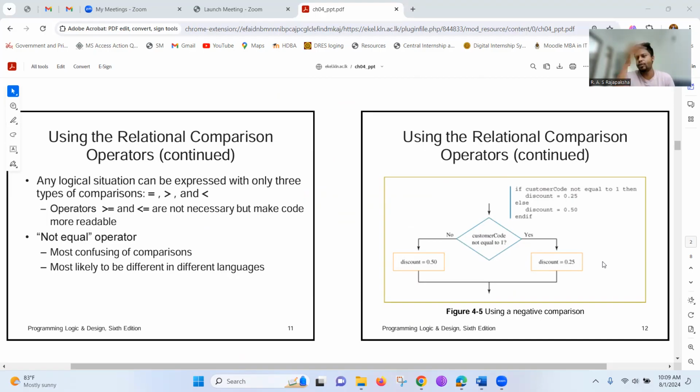But the advanced options are also there. The advanced option means what? Greater than is somewhat okay. But if you want more exact information, greater than or equal and less than or equal are also there. The operators greater than or equal and less than or equal are not necessary, but make code more reliable.